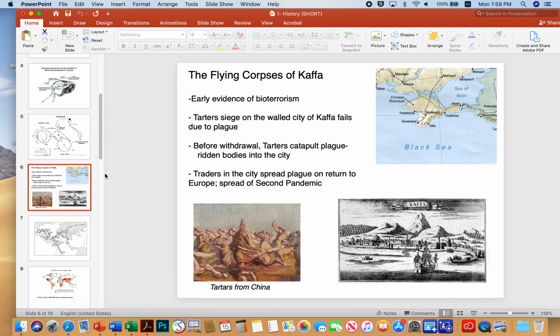So this is an interesting little funny bit of history, the flying corpses of Kaffa. And essentially what it's about is this walled city of Kaffa, which was a big trading port essentially, and a lot of merchants from Venice and so forth would collect here and do a lot of trading.